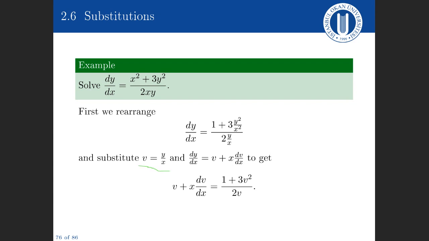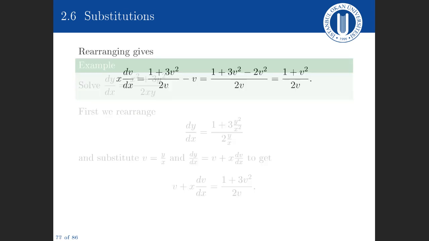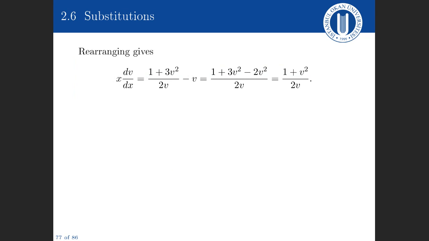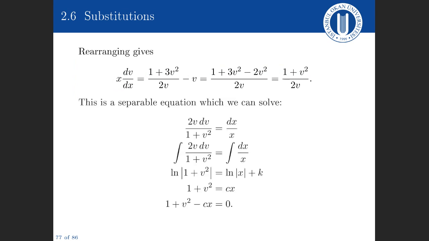Every y over x we replace by v, and dy/dx we replace by v plus x dv/dx. Rearrange this. We get x dv/dx is (1 plus v squared) over 2v. This is a separable differential equation.